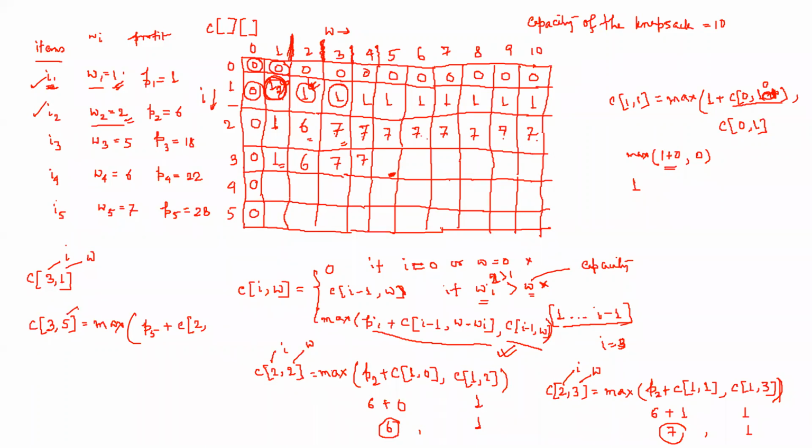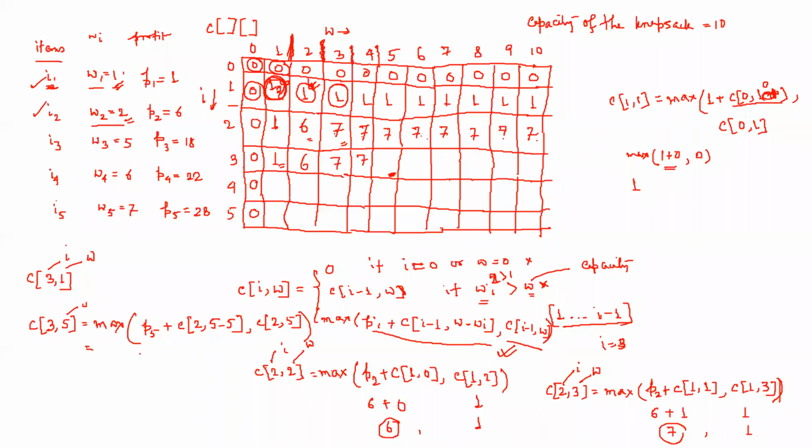At this moment W equals 5, and the weight of the current item W3 equals 5, so 5 minus 5. This is the first value, and the second value is C I minus 1, that is C2 comma W, where W is 5. Among them, which one is maximum? That will be the value.